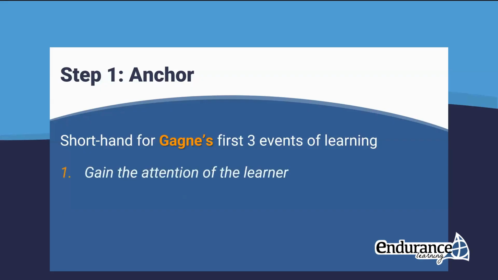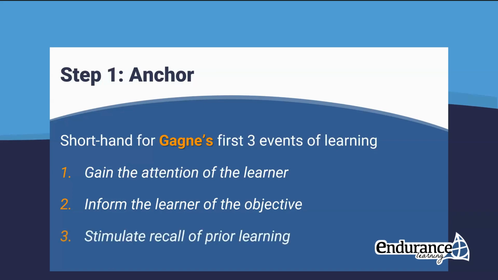Basically, Gagne said the first three things you need to do are get the attention of the learner, and I hope I did that with that magnet poetry activity; inform the learner of the objective so they know what this is even about; and stimulate recall of prior learning. That was the specific prompt everyone had to think about as they were putting together their own sentences.